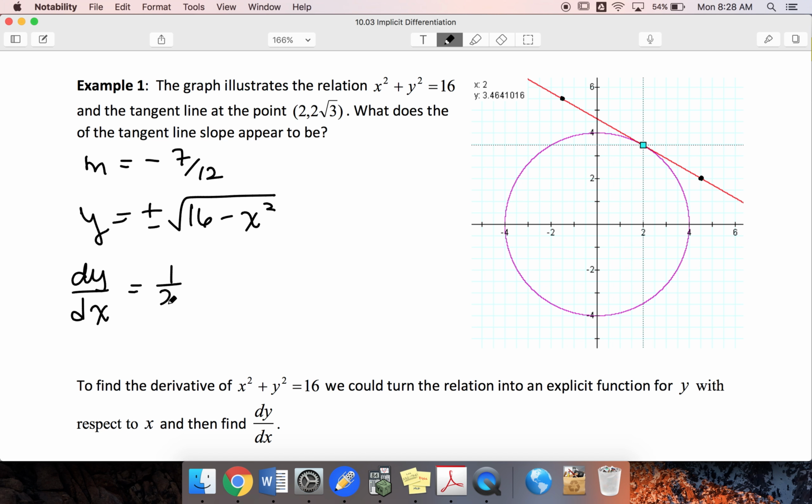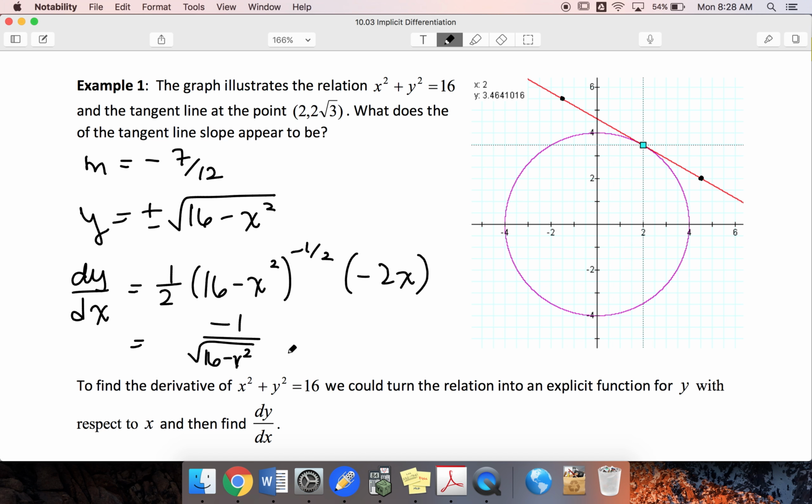So if I want to find the derivative, then I could take the derivative of just the positive bit. That's going to be derivative of the outside times derivative of the inside. And I could rewrite this as negative x over root 16 minus x squared. Then if we take it at x equals 2, we would get that the derivative is going to be negative 1 over root 8.